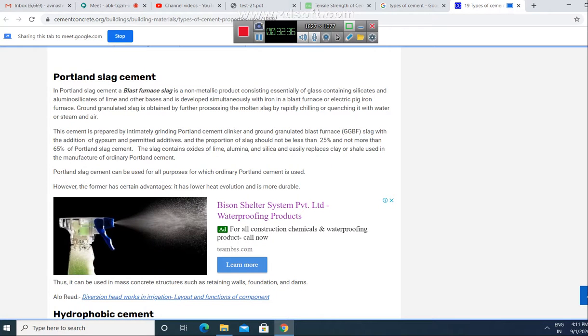Such material will be added into the cement. Blast furnace slag is a non-metallic product consisting essentially of glass containing silicates and aluminosilicates of lime and other bases, and is developed simultaneously with iron.